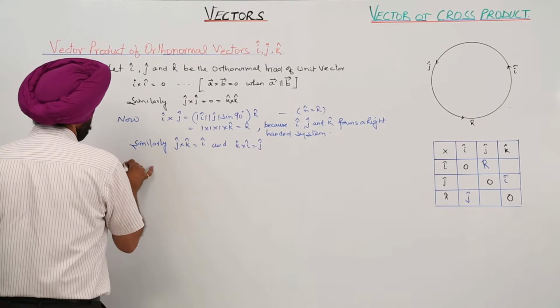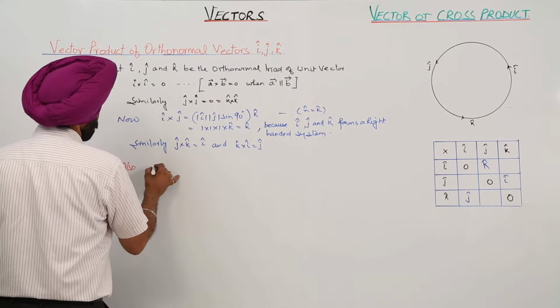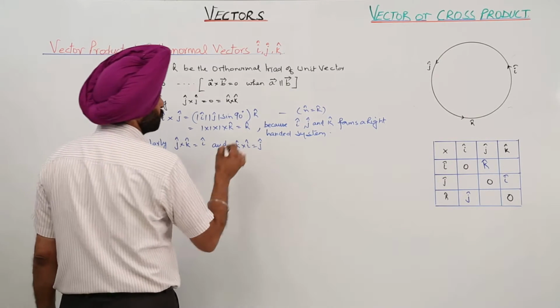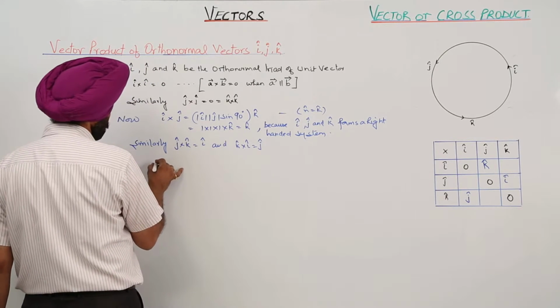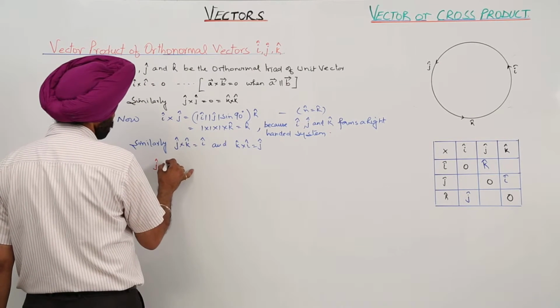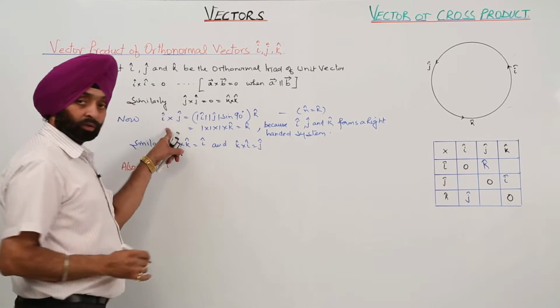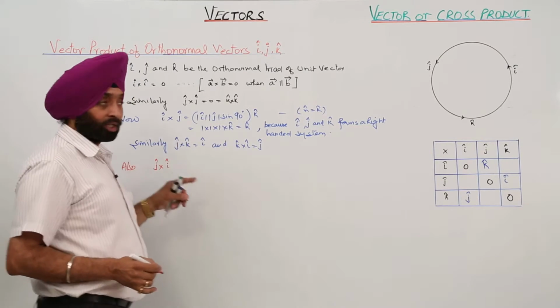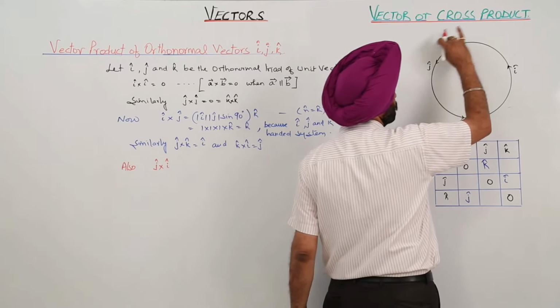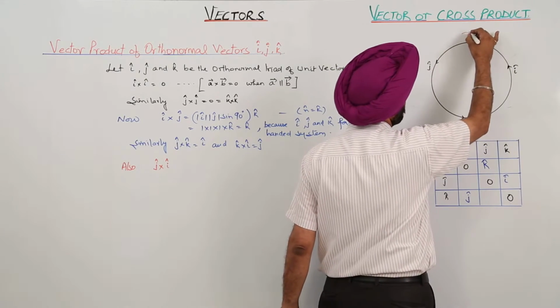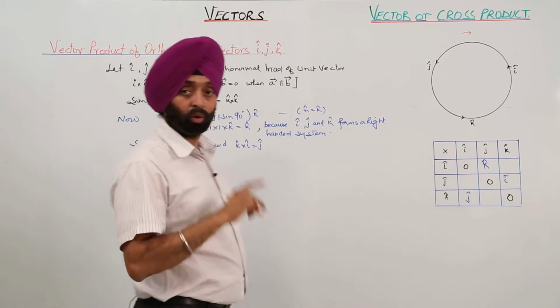Also, suppose now it is j cross i. Earlier I took i cross j, now it is j cross i. j cross i means I am moving in this direction, clockwise.